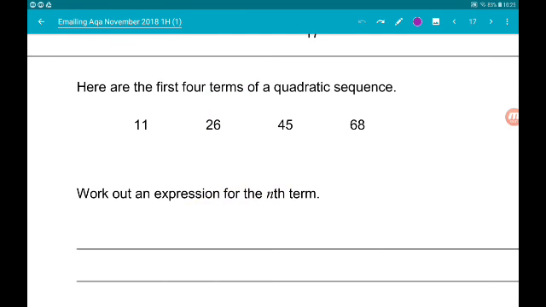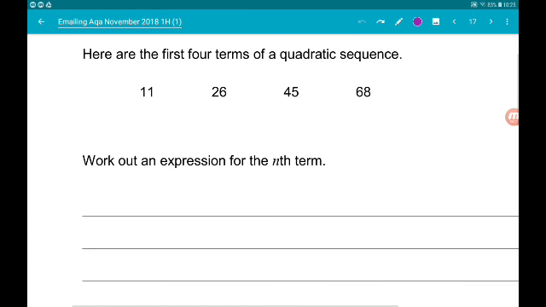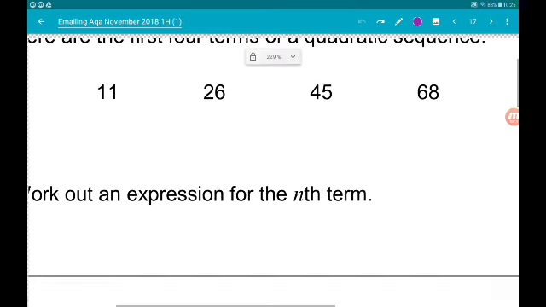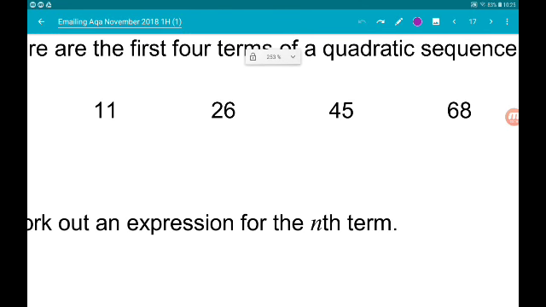Okay, 21, we have a quadratic sequence, so I'll put my sequences stuff down below. So we've got the first four terms, we want to find the nth term. So the first thing to do is find the differences.